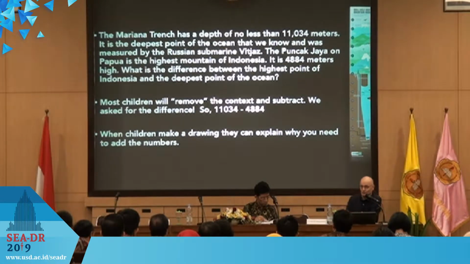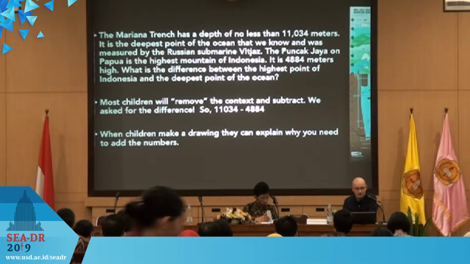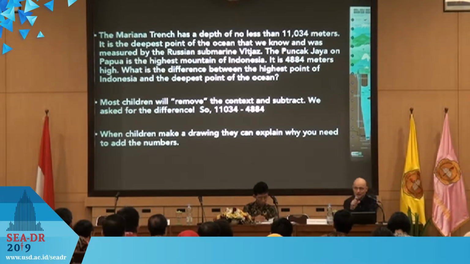And now as a teacher, of course, I can talk about, hey, but you were talking about difference and you add up. Why is that? Very informally, I'm here talking about the subtraction of a negative number. So very informally, children in this context immediately realize that subtracting negative numbers is adding up the numbers. Because the context tells them that.